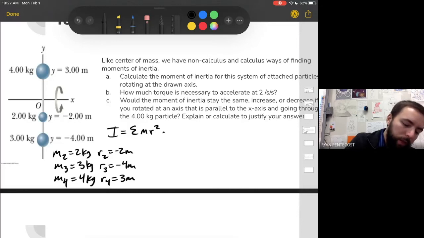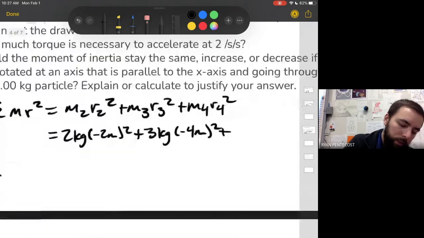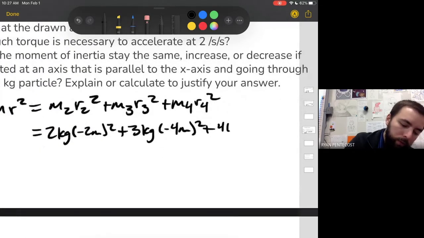So, as we sum these up, right, we're going to take m2 r2 squared plus m3 r3 squared plus m4 r4 squared. So you've got 2 kilograms times -2 meters squared plus 3 kilograms times -4 meters squared plus 4 kilograms times 3 meters squared.